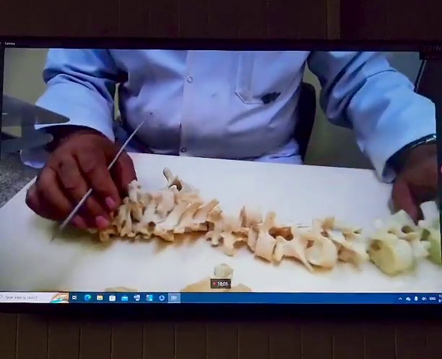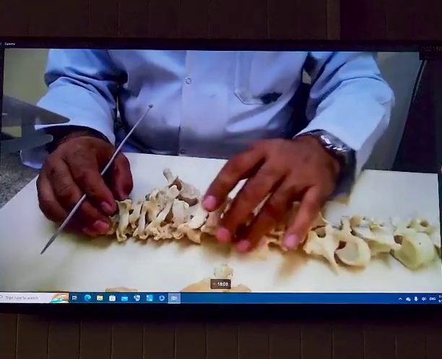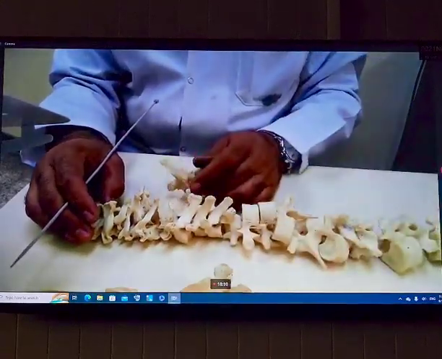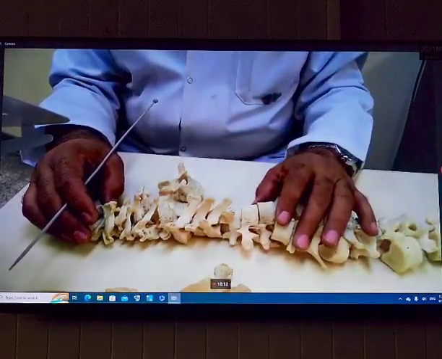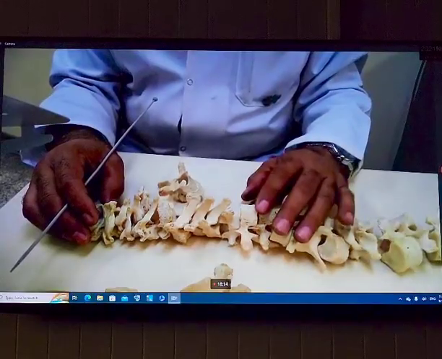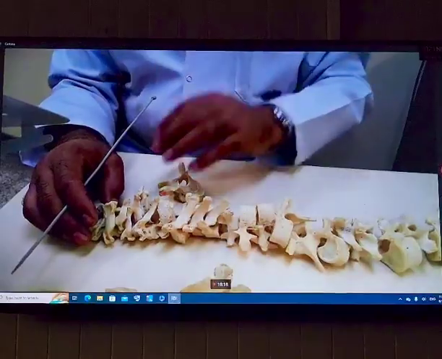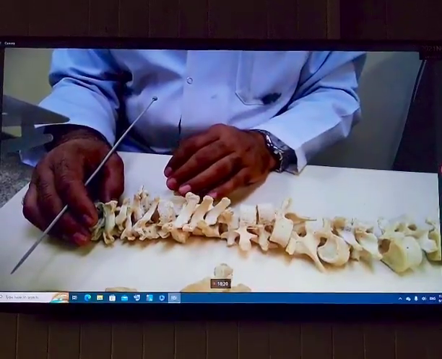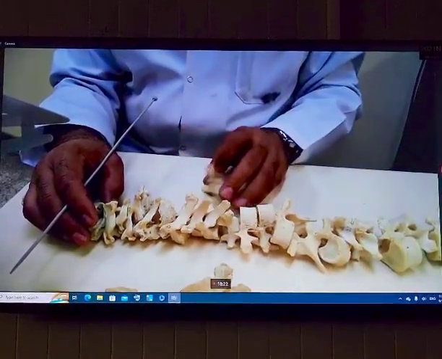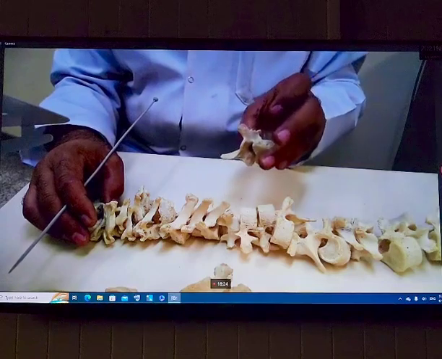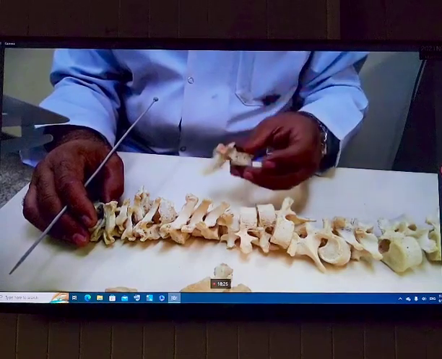This chain here shows the thoracic vertebrae in sequence. You don't need to be bothered with the features of the atypical ones in detail in the way I have explained the features of the atypical ribs. You have only to see the features of the typical thoracic vertebra, and that's all.